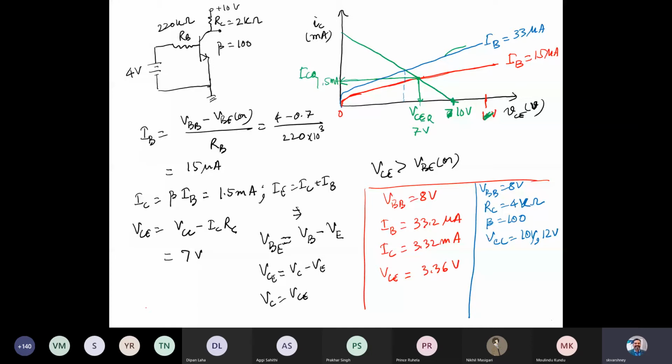RB is the same, 220 kilo ohm. We keep RB the same.